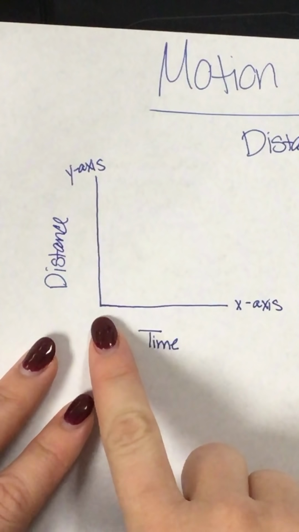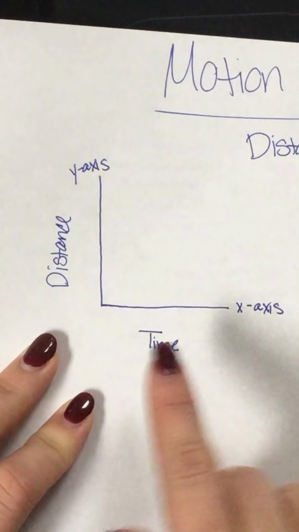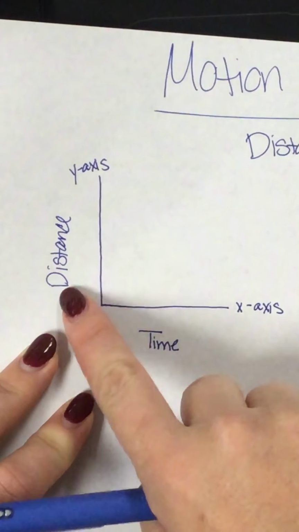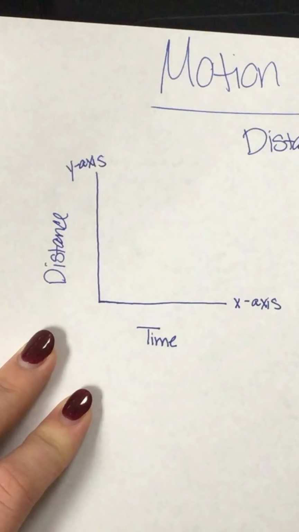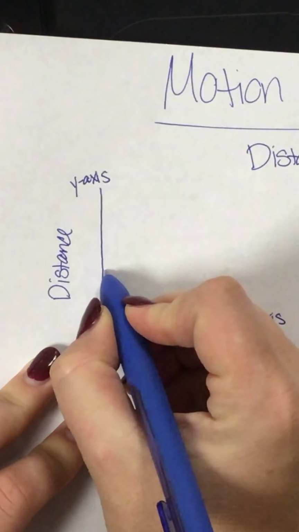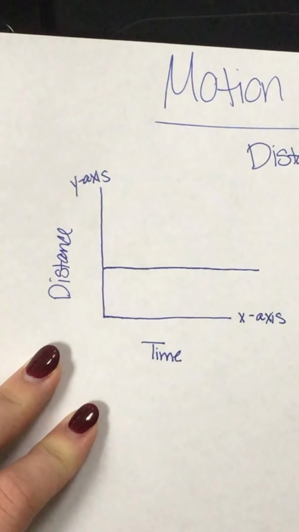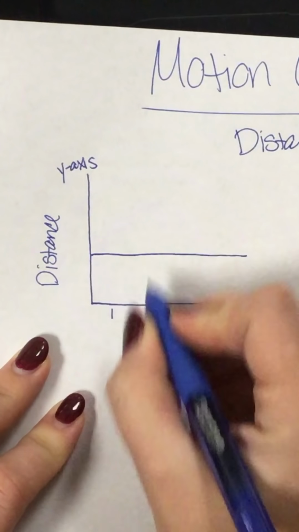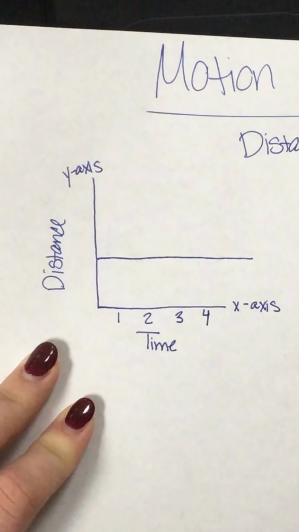On all of these graphs, we'll look at one object, maybe a couple of objects, and see over a certain amount of time how far those objects travel. For the first one, I'm going to make the line a horizontal line. We could say 1 second, 2 seconds, 3 seconds, 4 seconds.